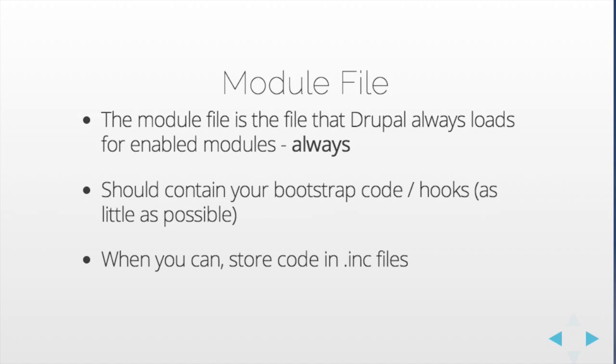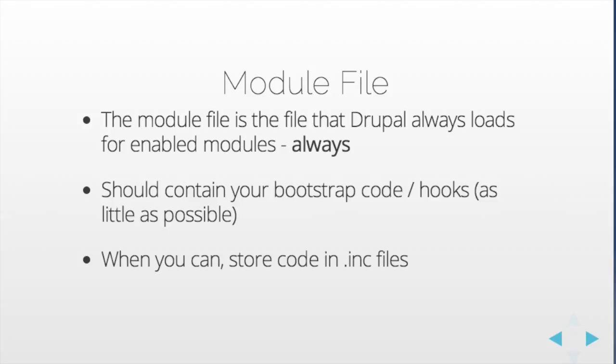Moving on, the module file is where all the code happens. It is the file that Drupal always loads for enabled modules. And I stress always because you should really try to put only your bootstrap code and your hooks in your .module file.